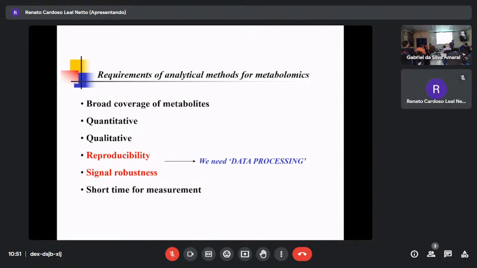Otherwise, we cannot trust the data, because in the next statistical analysis we are using intensity. If you inject 1 milligram and sometimes intensity is 100, sometimes intensity is 1, then we cannot use it. That's easily reproducible. And signal robustness. What's the signal robustness?